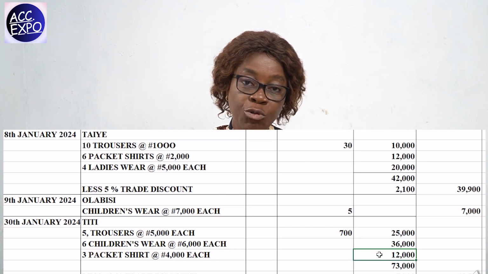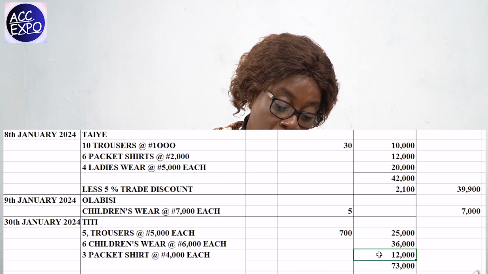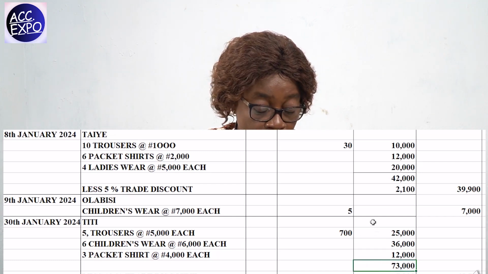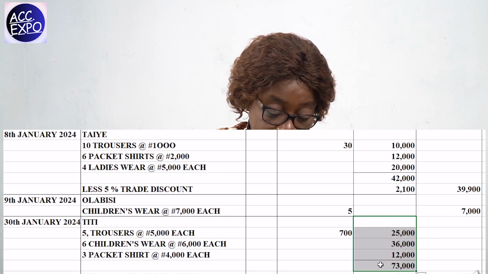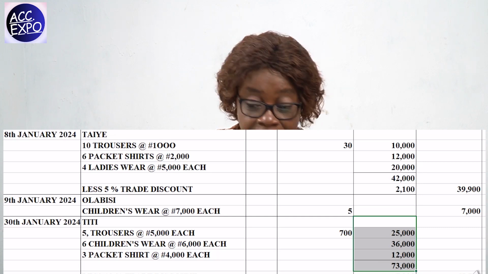The next thing is to write the total amount of goods purchased from Titi, which equals 73,000 naira.